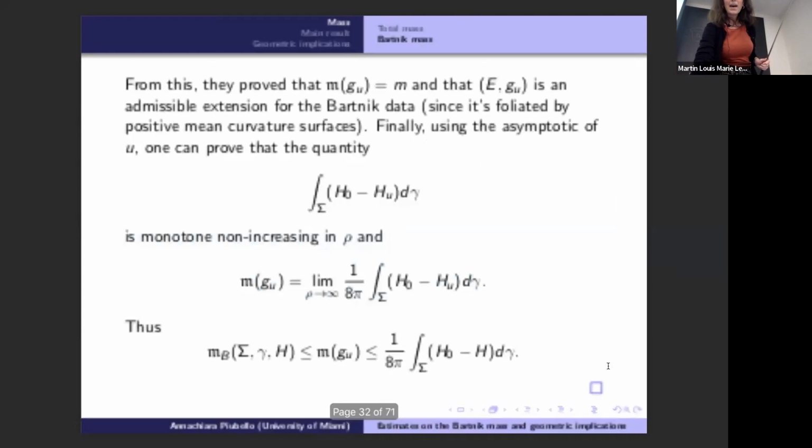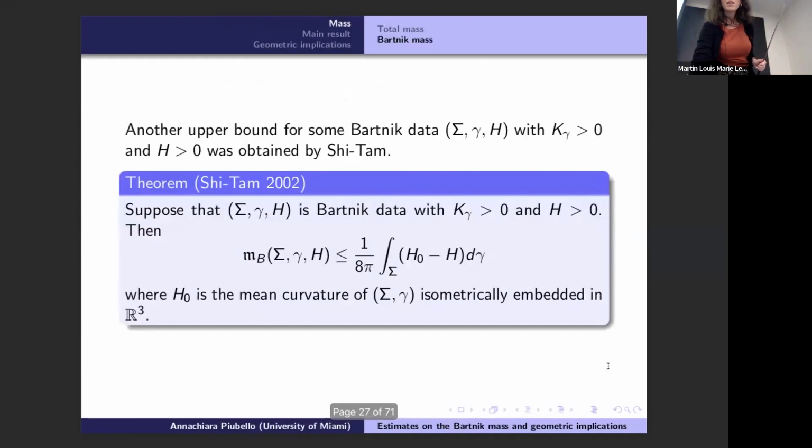While if we look back at the estimate from Xi and Tam, when the total mean curvature approaches 0, then we will get this term here, and using the Minkowski inequality, this will actually be bigger than the area radius. So we will be a little further from the optimal estimate.